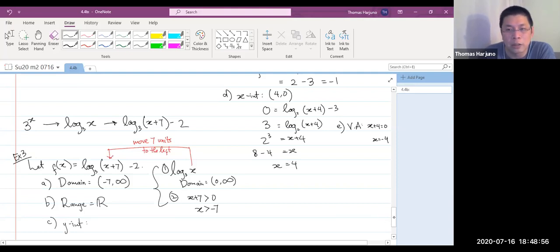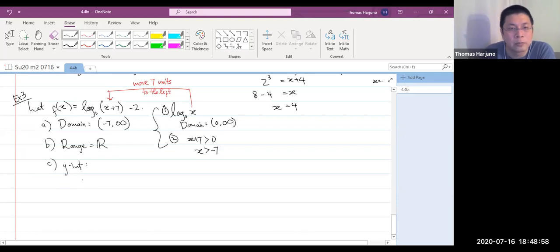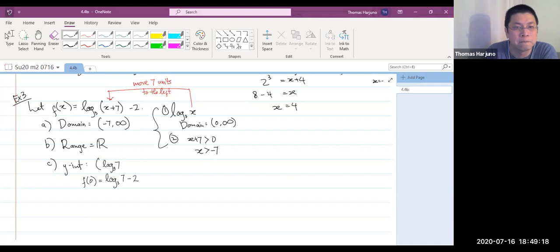The y-intercept will be f(0). That's log base 3 of 7 minus 2. Now, how do we compute this using our calculator to get a good approximation?